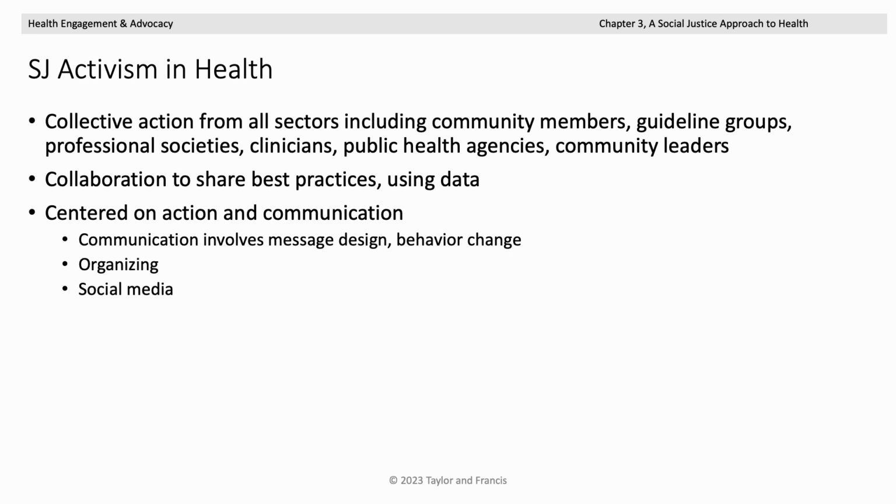What does social justice activism in health actually look like in practice? It requires collective action from all sectors: community members, guideline development groups, professional societies, clinicians, public health agencies, and community leaders. It depends on collaboration to share best practices, using data as a common reference point across sectors.